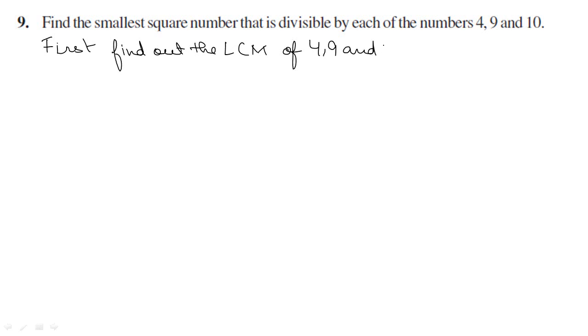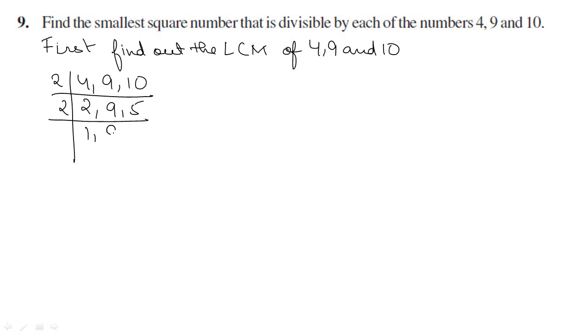So 4, 9, 10. It will first go on 2. 2 2s are 4, 9, 5, again on 2, 1, 9, 5, then on 3, 1, 3, 5, again on 3, 1, 1, 5, last on 5.